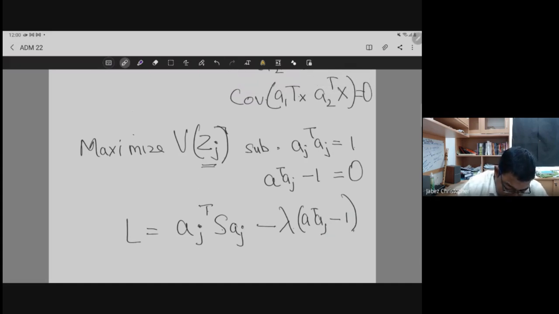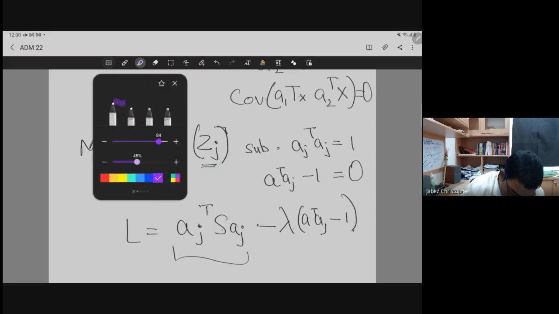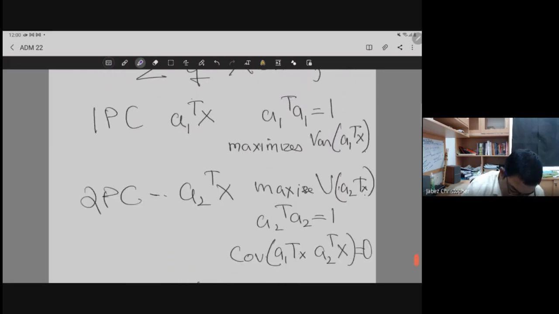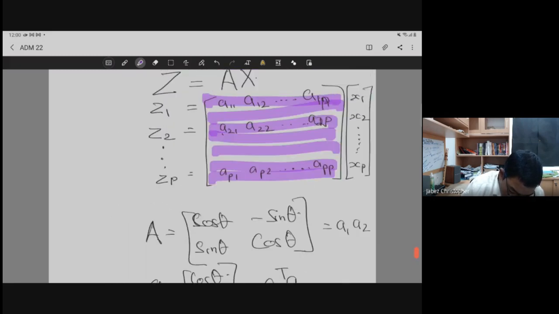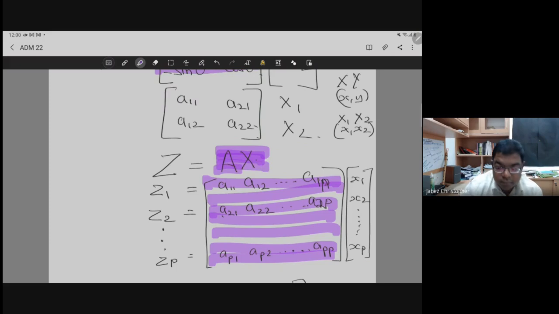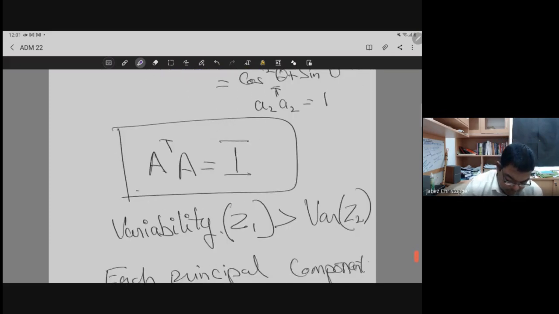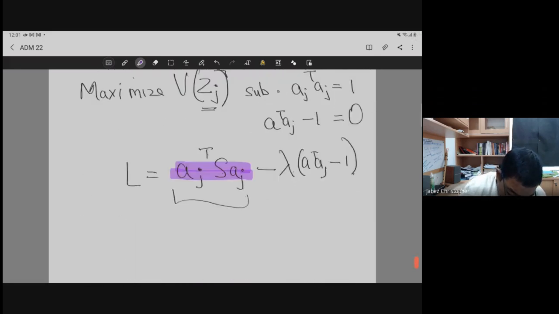Maximize Zj. What is Zj? Subject to this condition, right? Where do I get this? Maximize this subject to, this is the Zj I have written over here, and subject to the condition given over here.